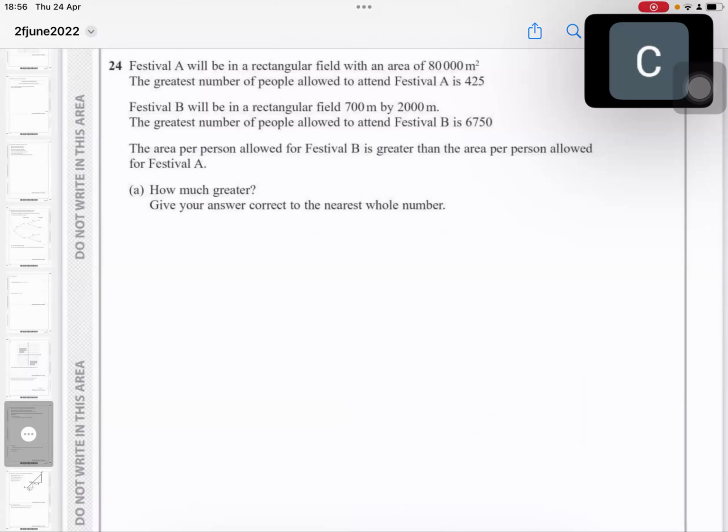The greatest number of people allowed to attend Festival B is 6,750 people. The area per person allowed for Festival B is greater than the area per person allowed for Festival A. The question is, how much greater? Give your answer correct to the nearest whole number. Okay, so how would you do this question?